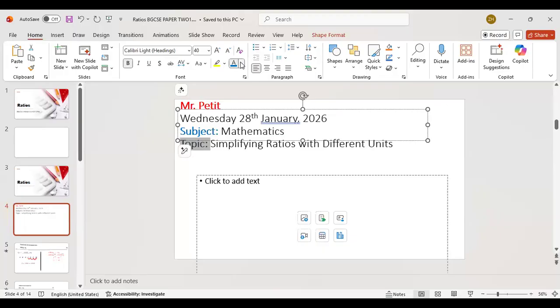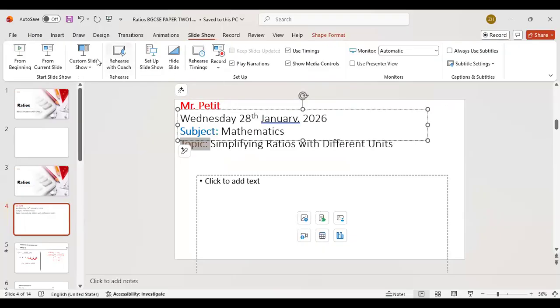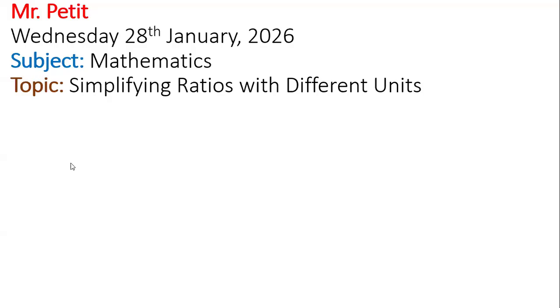We know there are 3 ways in which we can write a ratio. Can y'all remind me of the 3 ways? With colons, fractions, and word form. Very good.